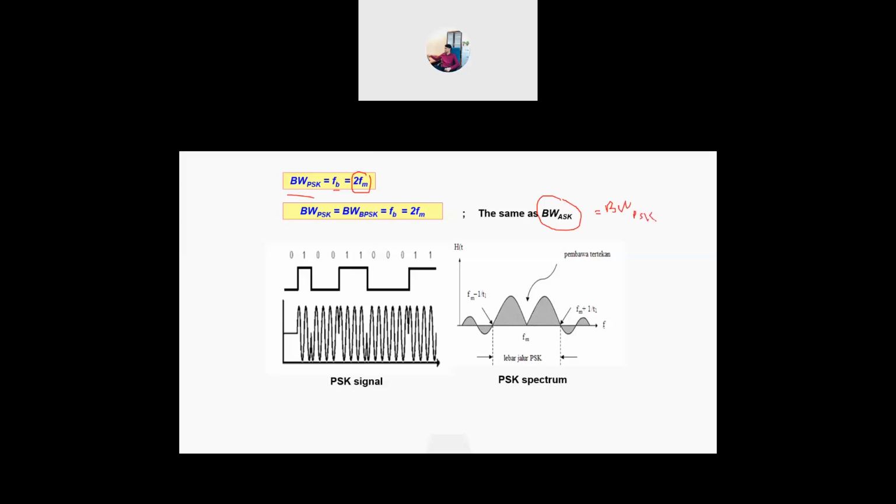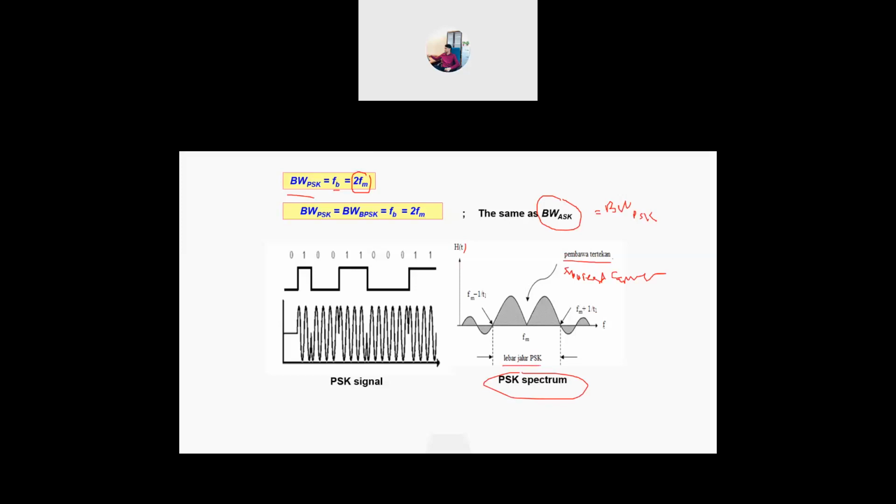Okay, if we see from the PSK spectrum, this is your spectrum. You can see this one is suppressed carrier, which means we don't have a carrier here; the carrier is suppressed.